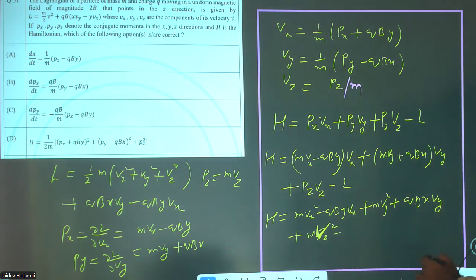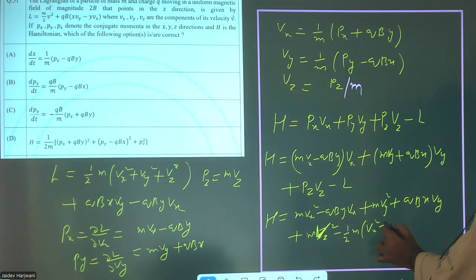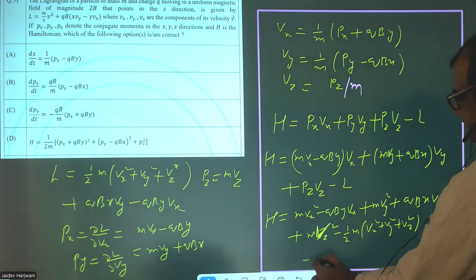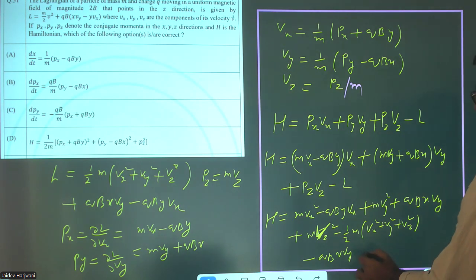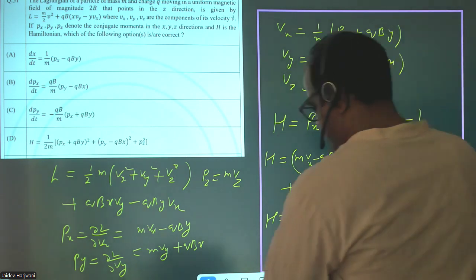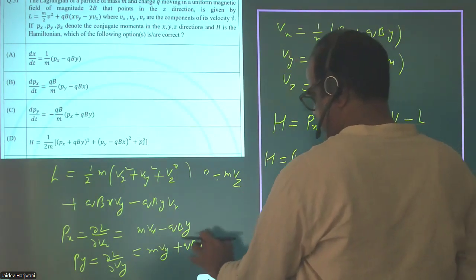And now you have a Lagrangian. Lagrangian is equal to half m (Vx² + Vy² + Vz²), and then you also have minus q bx Vy, and plus q by Vx. Okay, so we now have the values in terms of V. So I can erase this one.